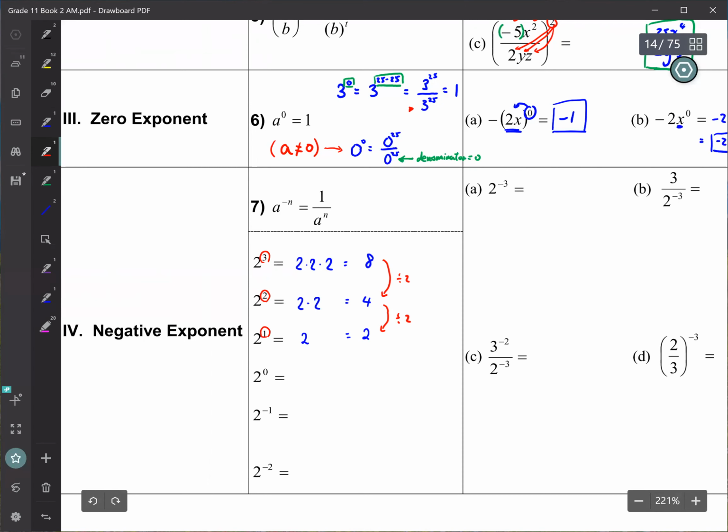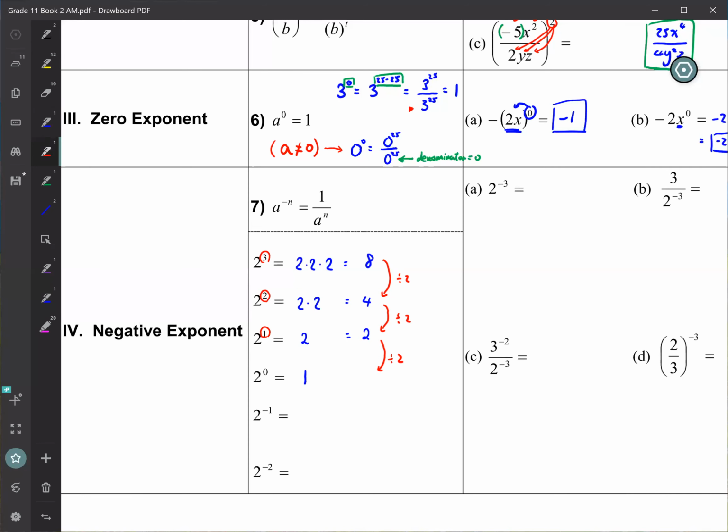Each time it goes down, you divide by 2. If you divide by 2 one more time, that gives you 1. So it's another way to understand why 2 to the 0 is 1, because you divide 2 by 2 and get 1.